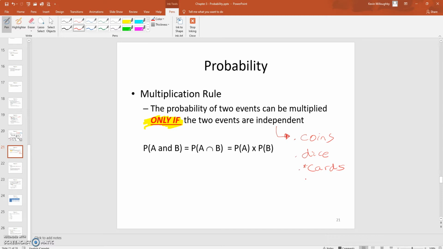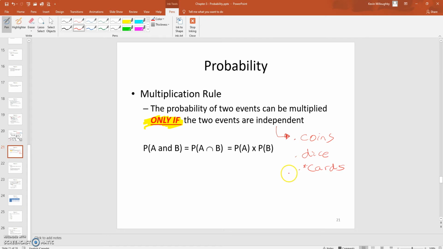What's the probability of picking another ace out of that same deck? If the card you picked goes back into it, then those events are independent. So the cards have to be replaced into that standard deck. So these 3 things, coins, dice, and cards, are always independent.